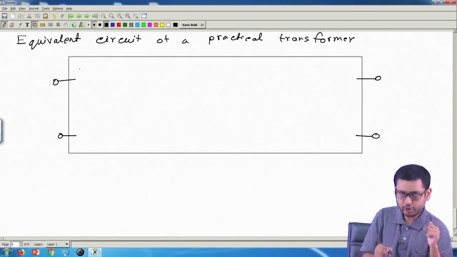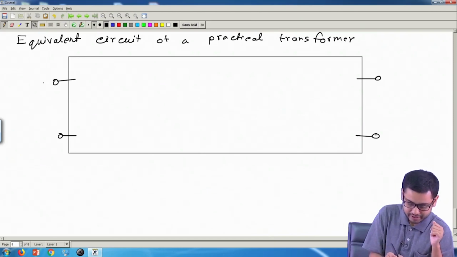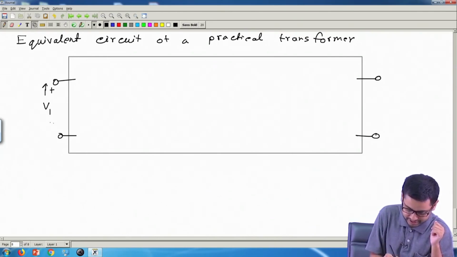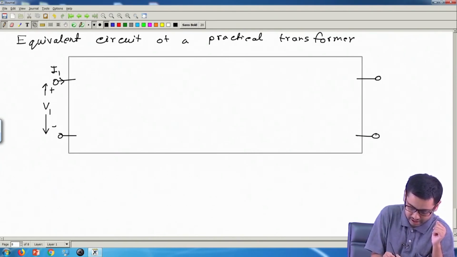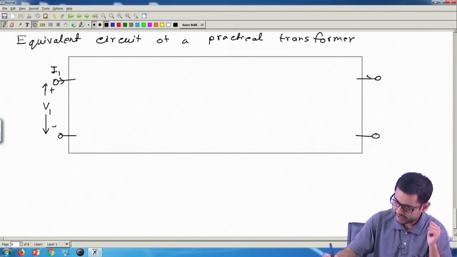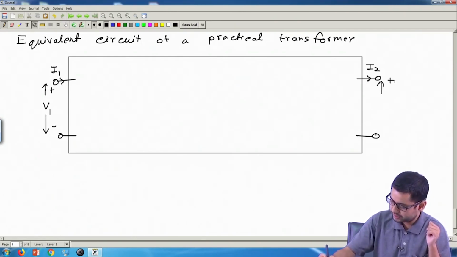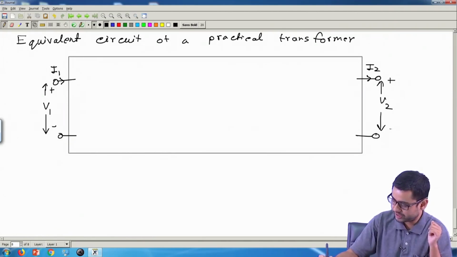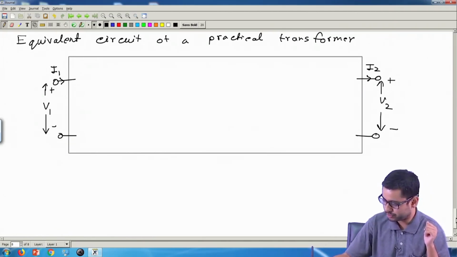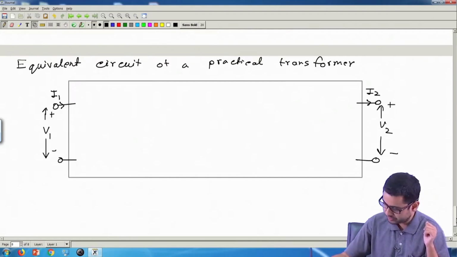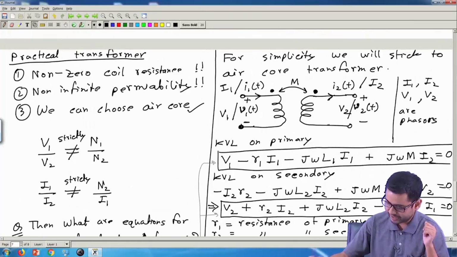Okay, equivalent means if the voltage here I denote as V1, plus minus chosen reference, current I1 chosen in this direction, current I2 chosen in this direction, voltage V2 with this reference polarity. See, everything is similar to this practical transformer.